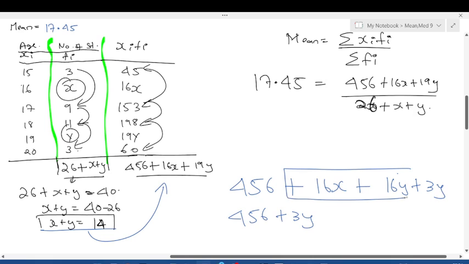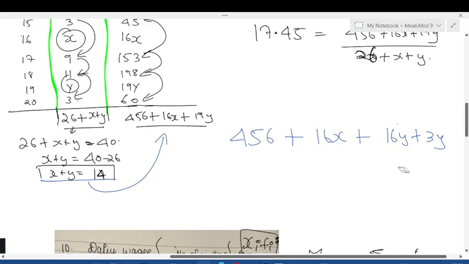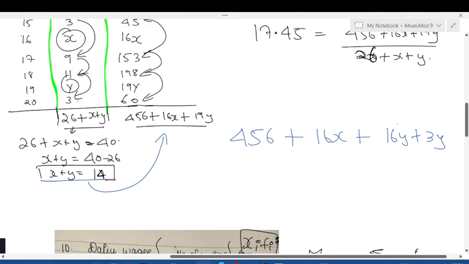In these two values, what is common? 16. In bracket, what will you get? x plus y. 16x is the smaller one given. The reason I've taken this common is that I have to substitute x plus y.